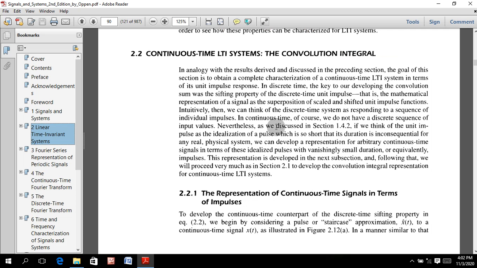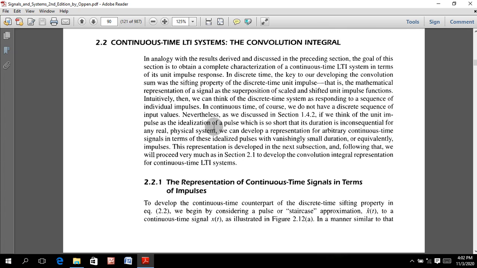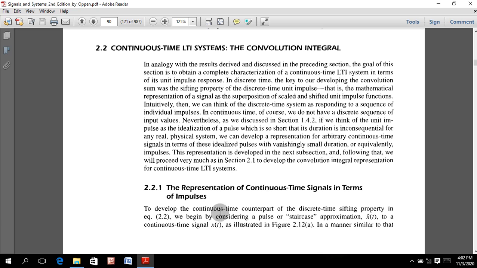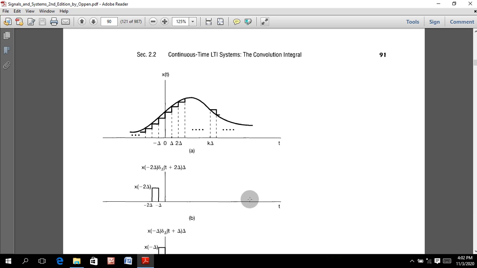You can see from this lecture that this is the representation of a continuous time signal in terms of impulses, and that is the specific signal we are talking about. Here we have taken a continuous time signal, and the staircase approximation gives us the proper way to find the value of the impulses.